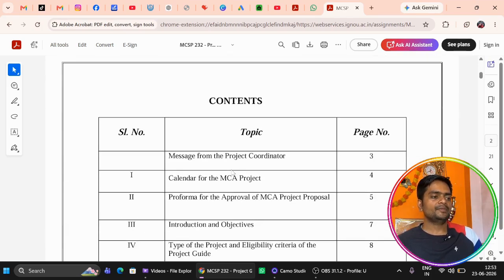I'm taking you to the contents and most important parts of the guideline, which help you to make your synopsis and project report.